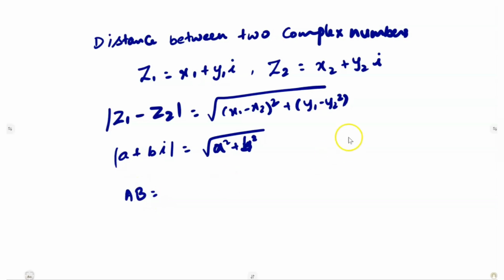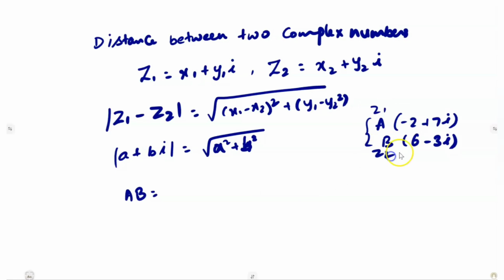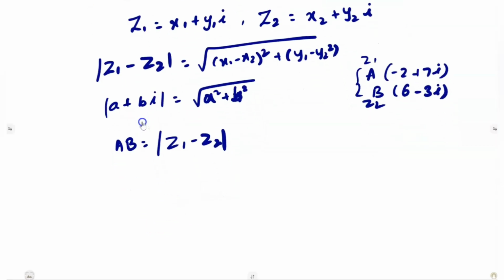We have A as -2 plus 7i, and we have B as the other end point of the diameter, 6 minus 3i. So let us find the distance between these two. Let us take this as z1 and this as z2. Now mod z1 minus z2.